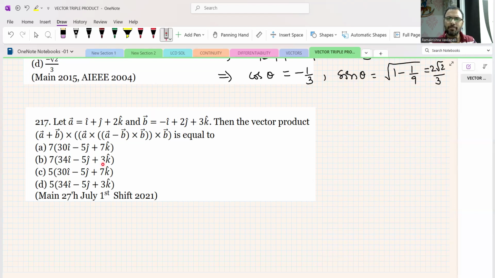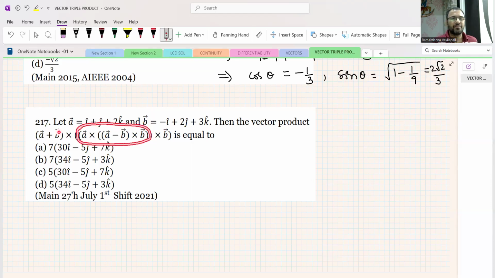We will simplify from the innermost expression. So that innermost expression is this one. I'll say this is the innermost expression.